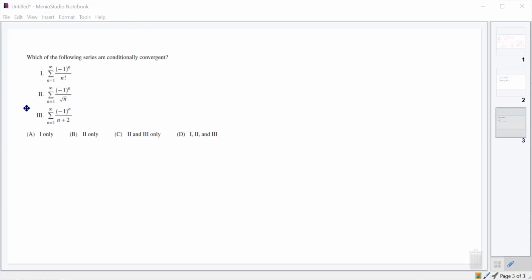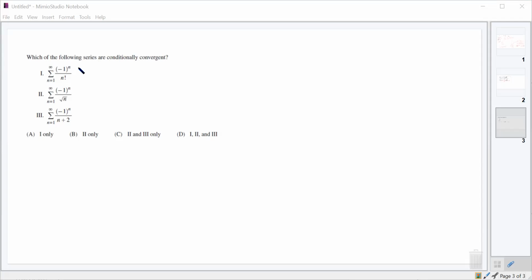Which of the following series are conditionally convergent? If we take a look at choice 1, it definitely converges, right? (-1)^n over n factorial.